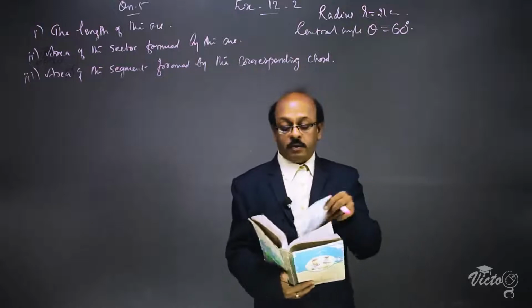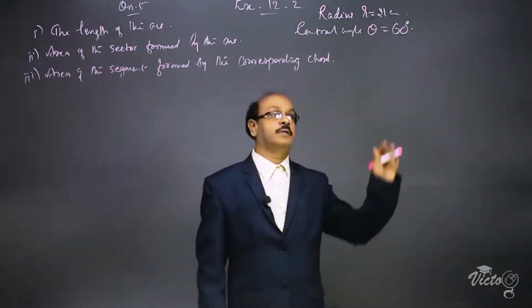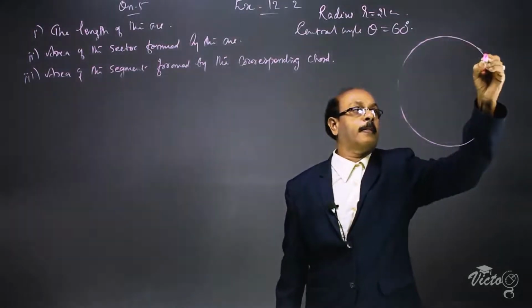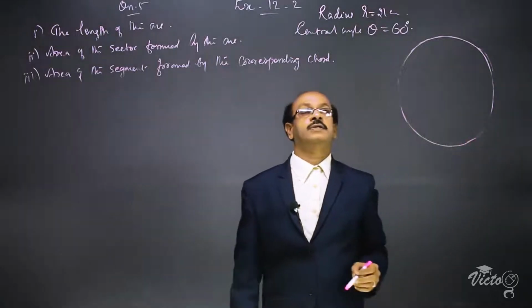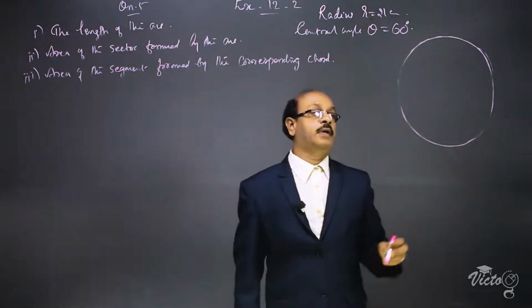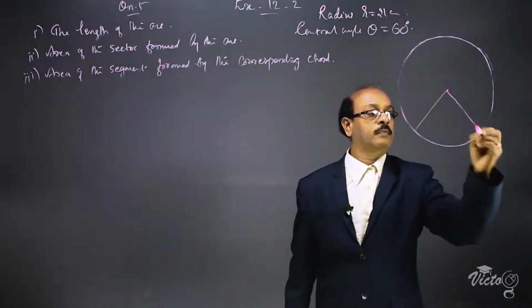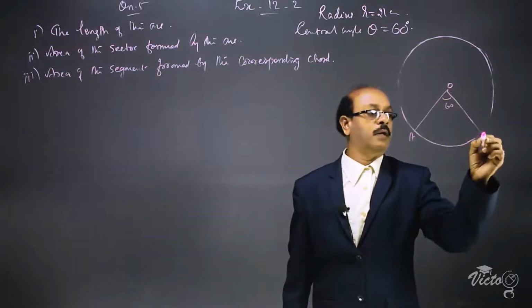So we are drawing a rough figure, a circle of radius 21 centimeter, central angle theta is 60 degree. Naming A, center O and B.